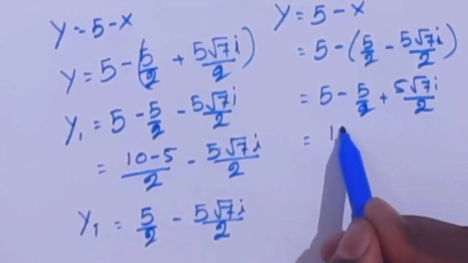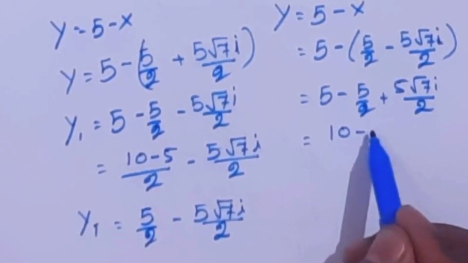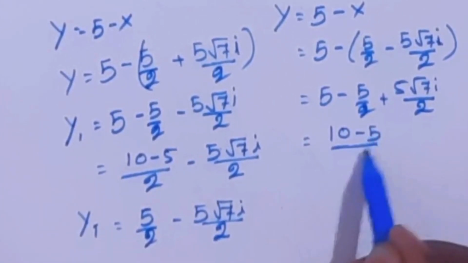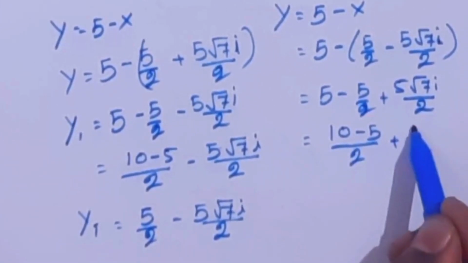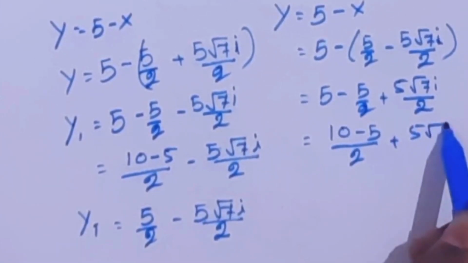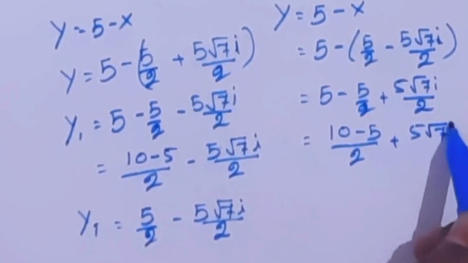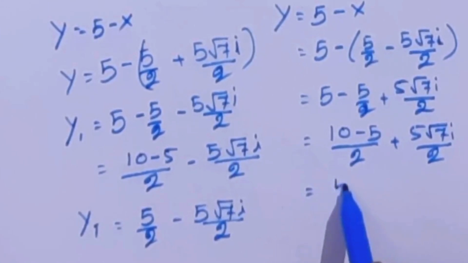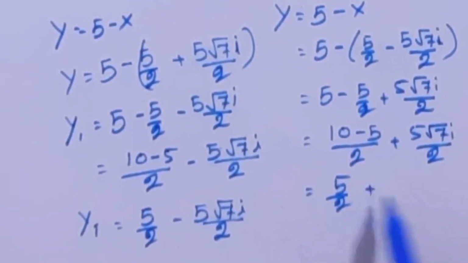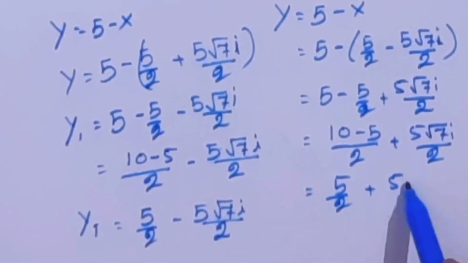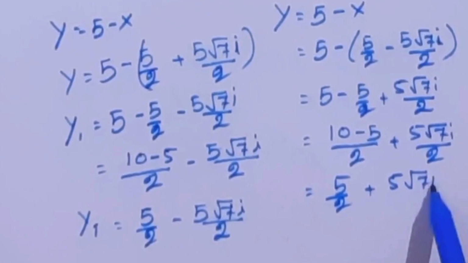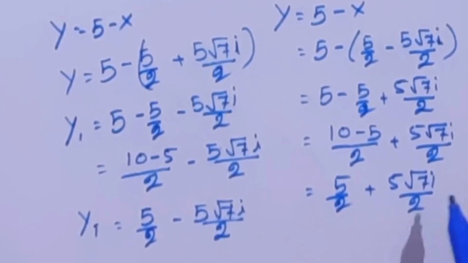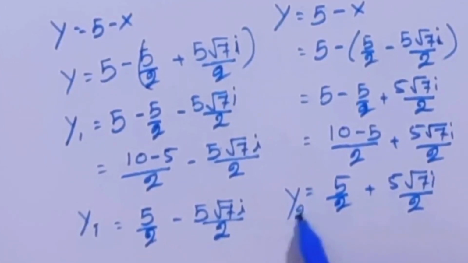Now LCM for this is 2, so 10 minus 5 by 2 minus 5 square root of 7i by 2. Now 5 by 2 plus 5 square root of 7i by 2. This is y2.